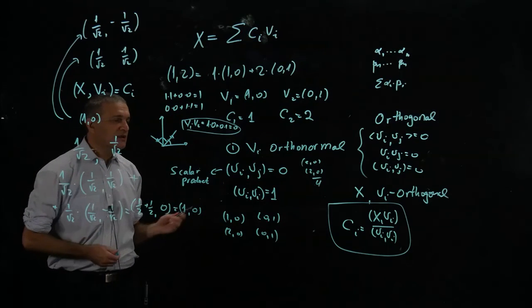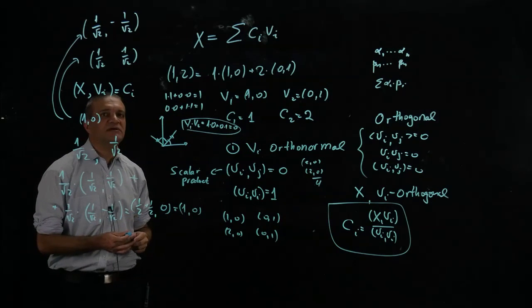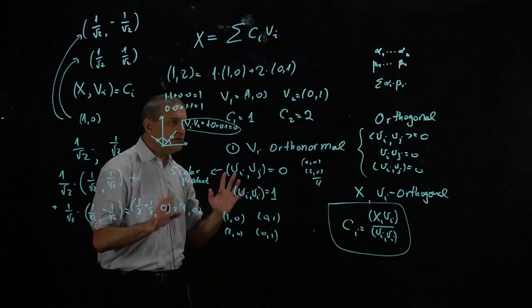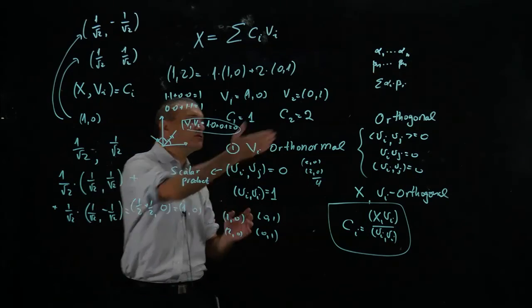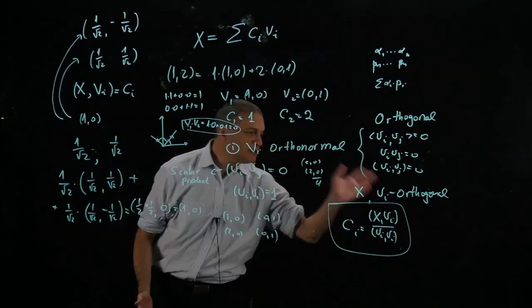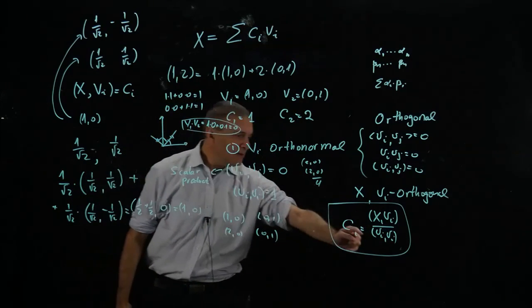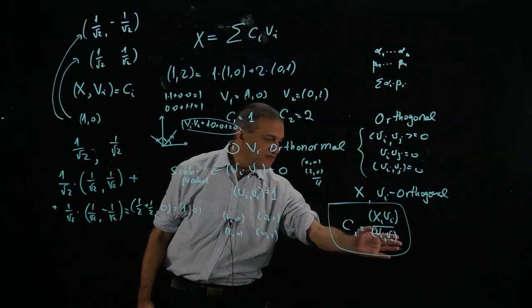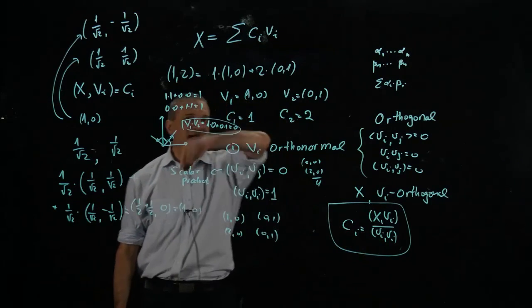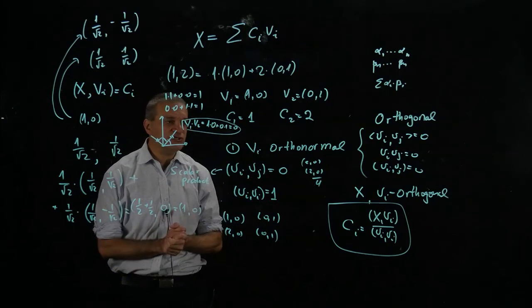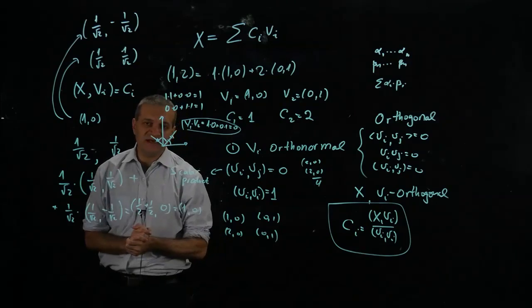It's really easy if you organize it in your head. You just say, okay, I have two cases, one orthogonal, another orthonormal, and the orthogonal is a little bit more difficult. Now, pay attention that if Vi is orthonormal, then its norm is 1, so this goes back to the previous formula. All right? So that's all I wanted to say today, and I just hope that you'll have a nice day. Thank you very much.